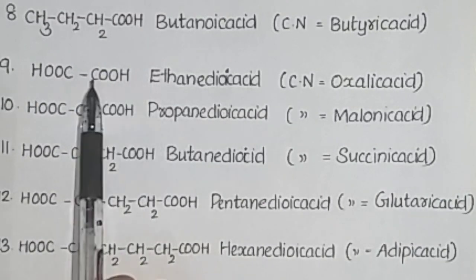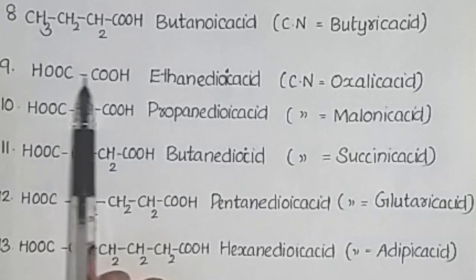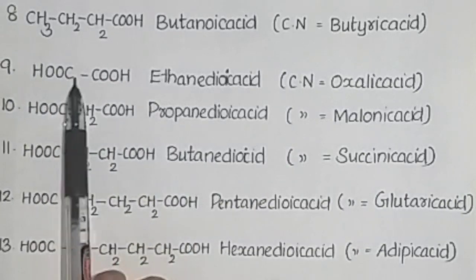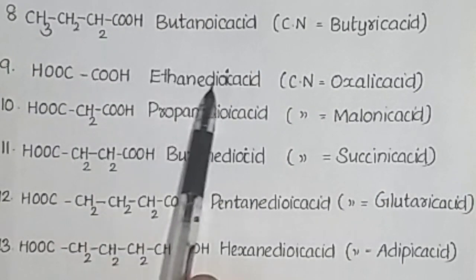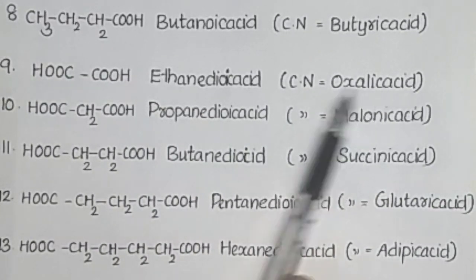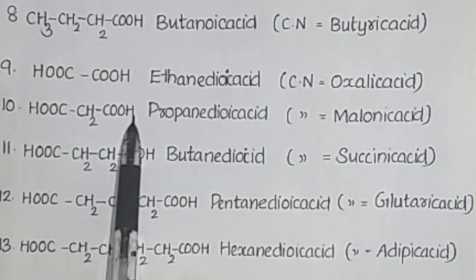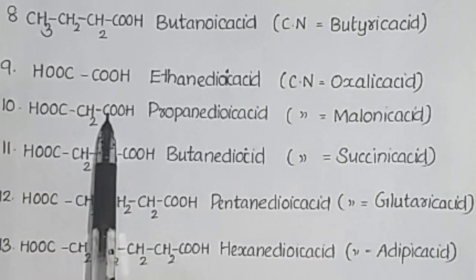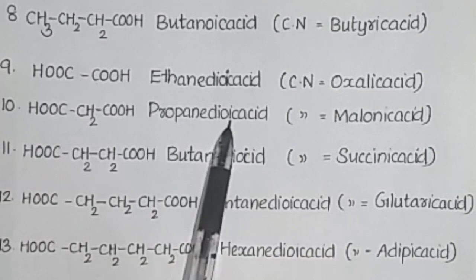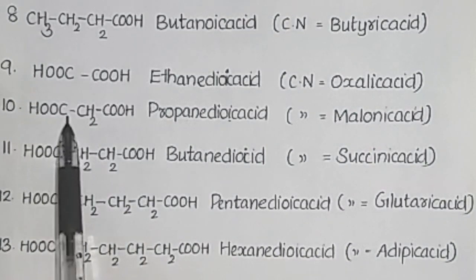How many carbon atoms? 2 carbon atoms, so ethane dioic acid. 2 carboxylic functional groups are present. Common name oxalic acid. Then the next one, COOH CH2 COOH. This has 3 carbon atoms, propane dioic acid, because dioic acid means 2 carboxylic functional groups are present.